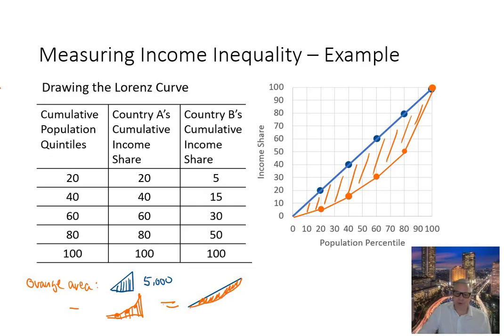So we do 5,000 minus the area underneath the orange line, and that will give us the remaining area between the blue and the orange line.